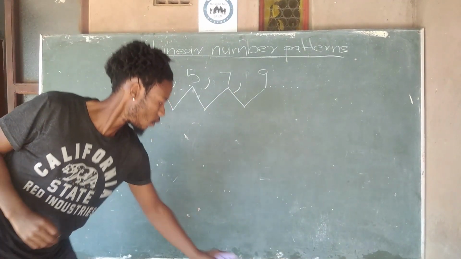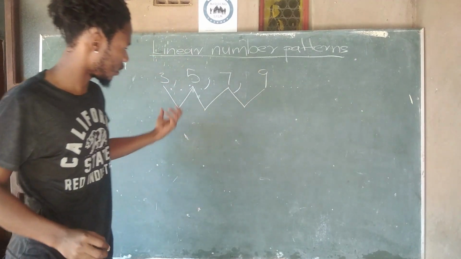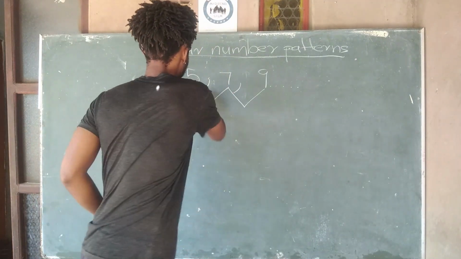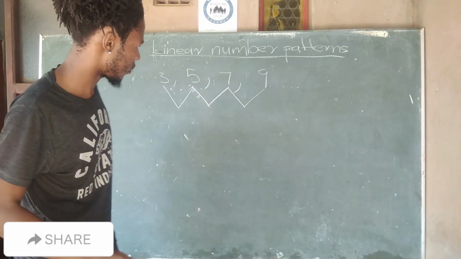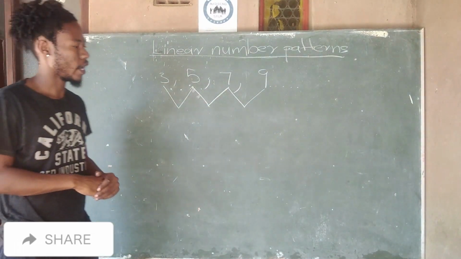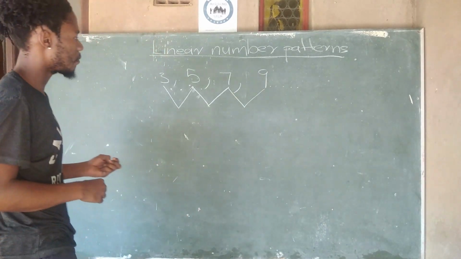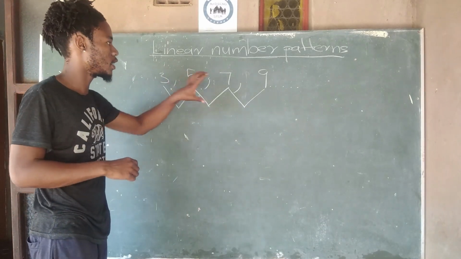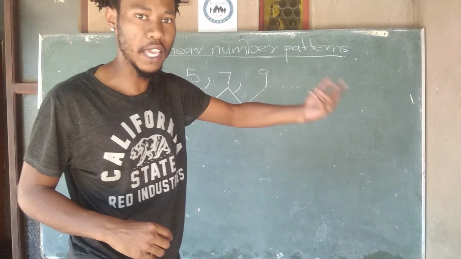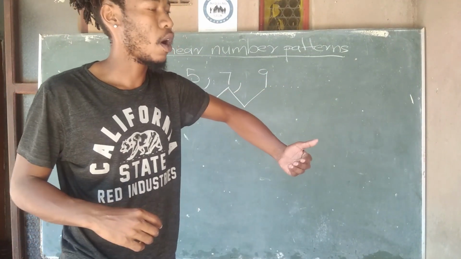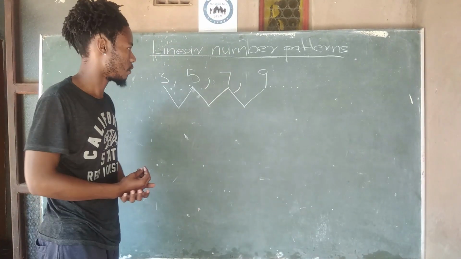Usually, when you find this type of question in your question paper, they will ask you to find the next two terms of the sequence, and they will also ask you to find the general term, which you will use to find any number in this sequence. If they want you to find the 50th term of the sequence, you will use that general term.